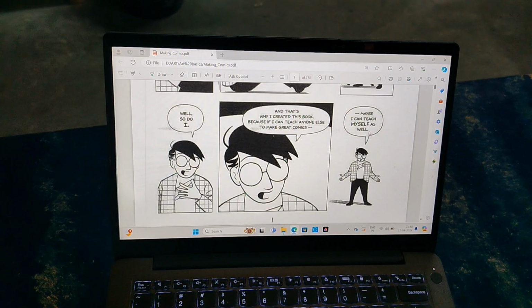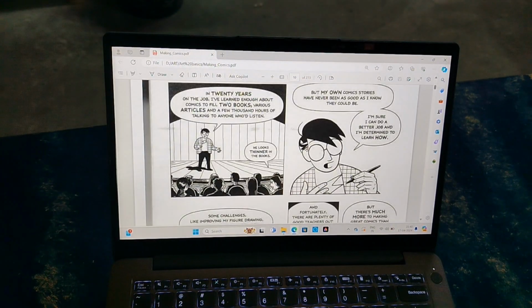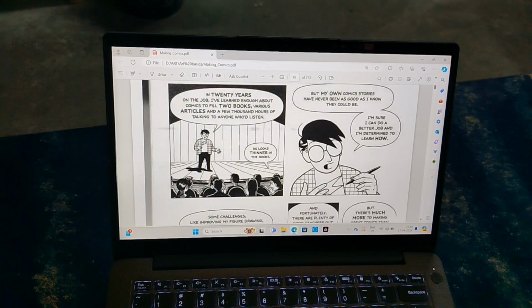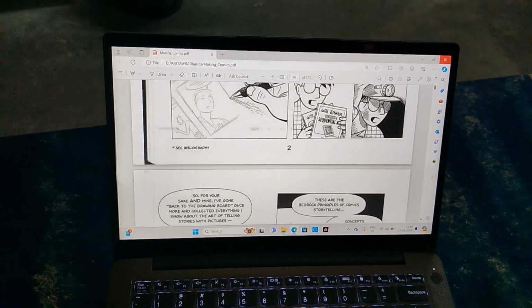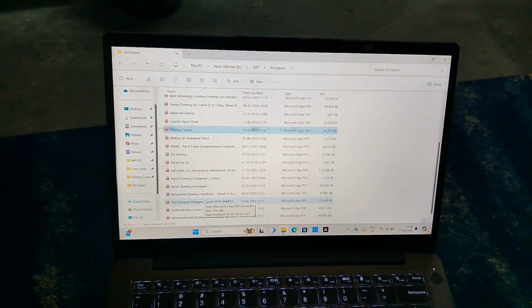Wow. Such a beautiful way of presenting one's idea. What do you say? Just let me know. It's an amazing book, I would say. So after Making Comics, there is another comic series which he has written.